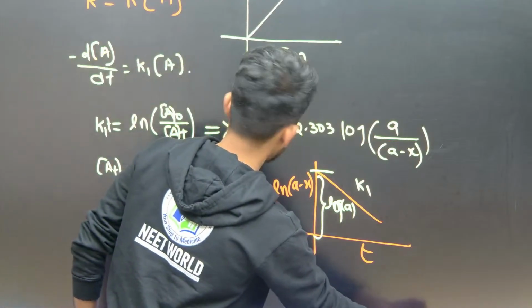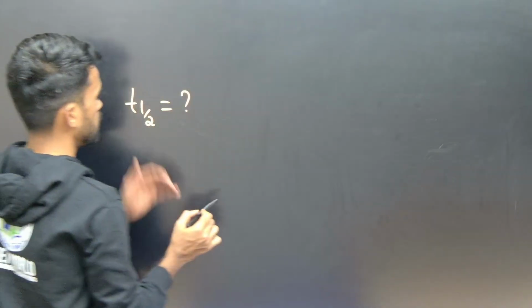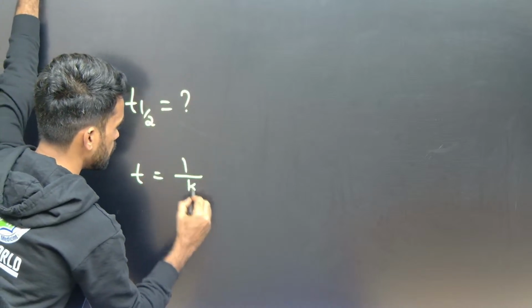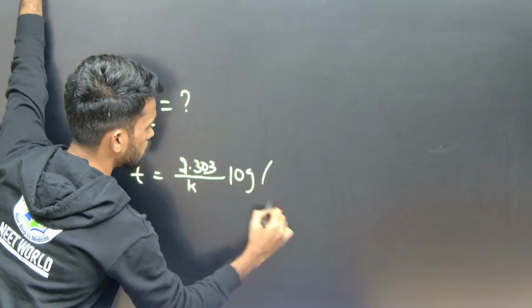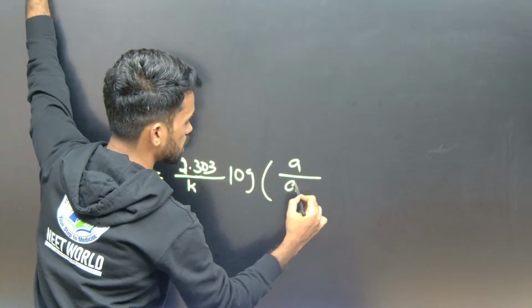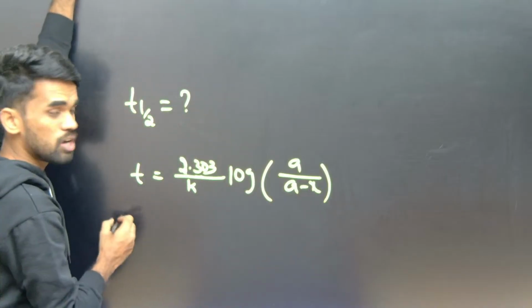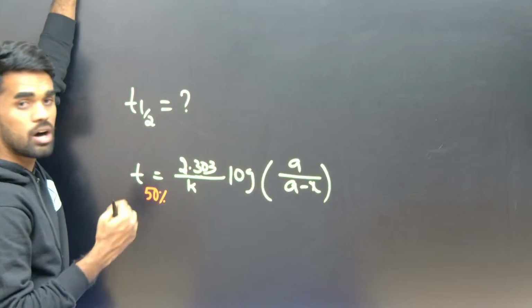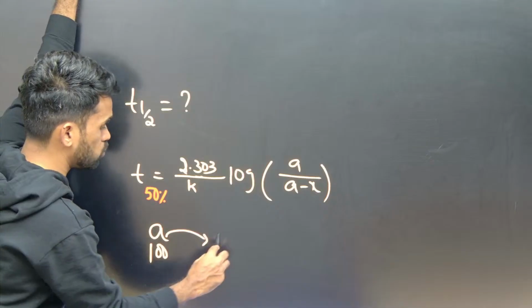Along with this we need to discuss t half. They will ask for the t half of a first order reaction. See, from this formula, t equals 2.303 by K, log A by A minus x. It means the time required for completion of half of the reaction. It means the concentration of reactant is converted from 100% to 50%, that is A becoming A by 2.